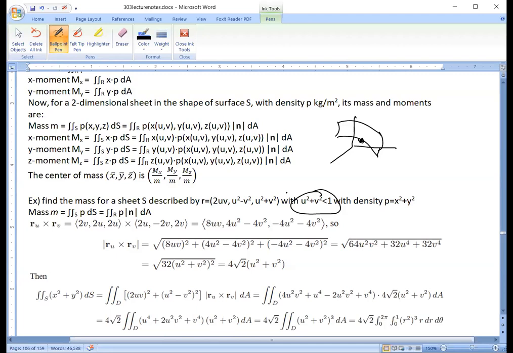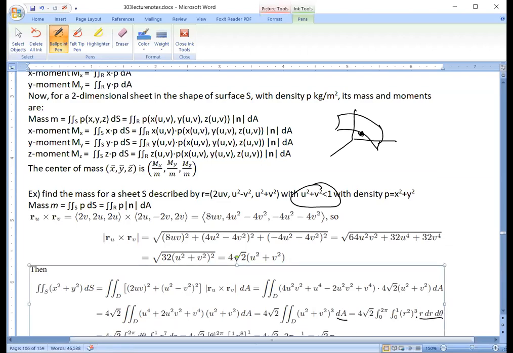Well, we know that when converting to polar coordinates, dA becomes r dr d theta. And we know the bounds. This disk has a radius of 1, so r is going to go from 0 to 1, and theta will go from 0 to 2 pi. So that's the first part of the parameterization.